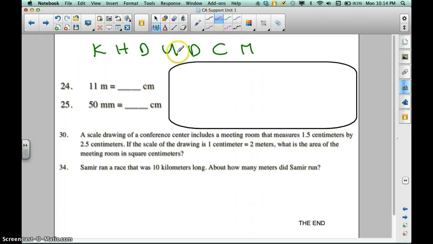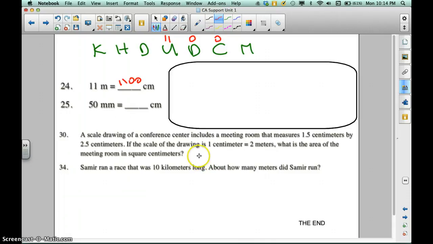All right, meters is the plain unit. There's no prefix, so that's where my 11 goes. And I want to go to centimeters, so that's over here where the C is, and I'm filling in with zeros. I have 1100 centimeters. You go ahead and try number 25. 50 millimeters is equal to how many centimeters?